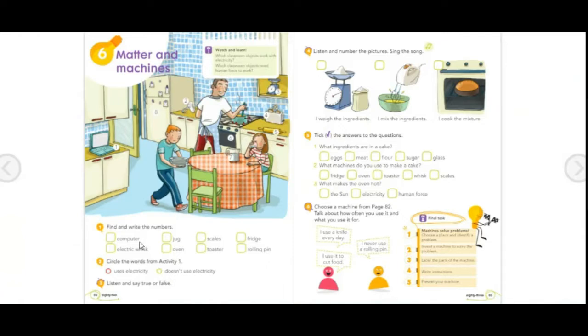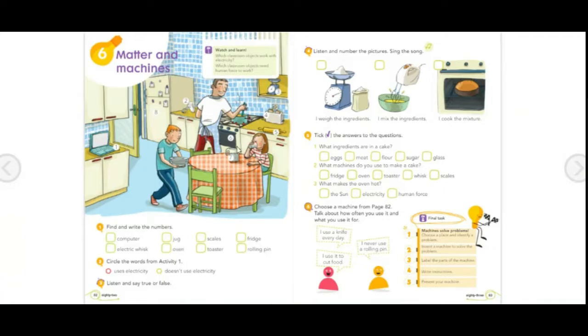The computer. Do you think that the computer uses electricity? If you think the computer, number 1, uses electricity, circle in red, not green.